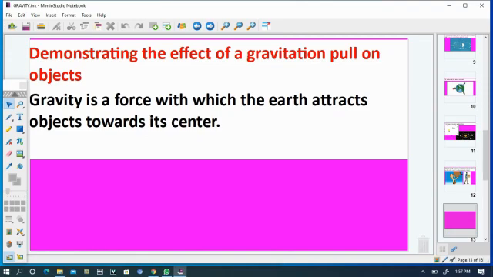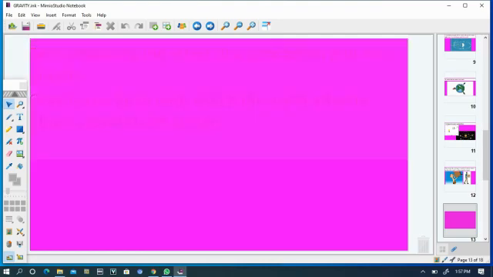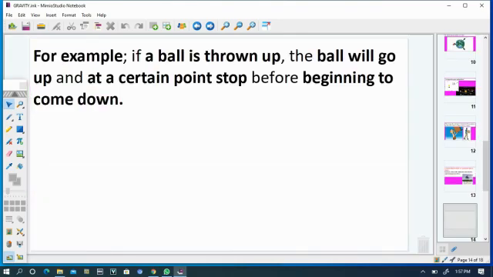Gravity is a force with which the Earth attracts objects towards its center, and it can easily be demonstrated. Example: if a ball is thrown up, the ball will go up and at a certain point stop before beginning to come down.